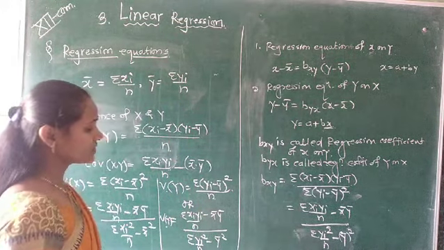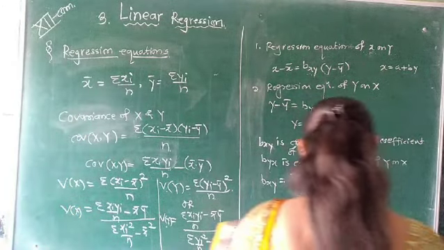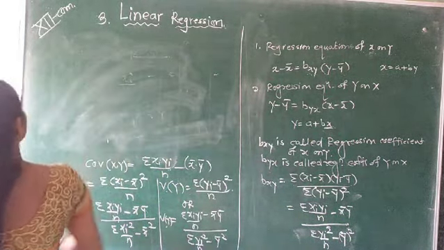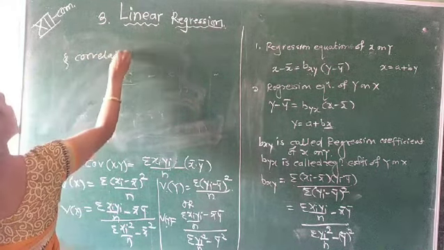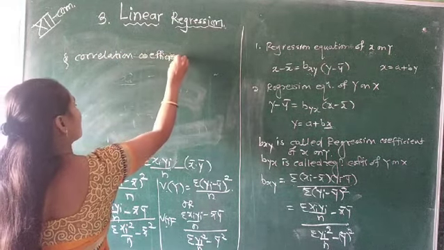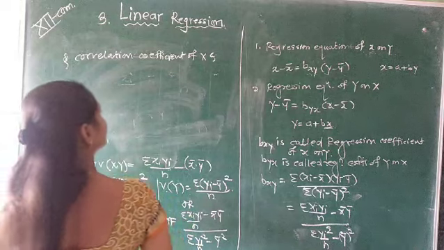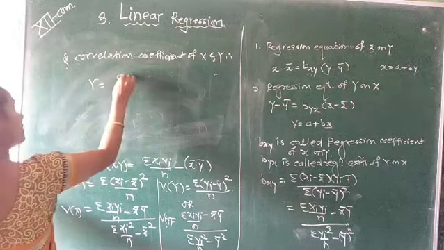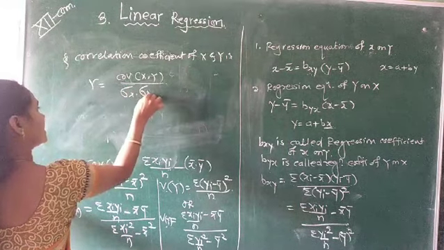Now we see the next formula, that is the correlation coefficient of x and y. It is denoted by the small r, and the formula for this is covariance of xy divided by sigma x into sigma y.